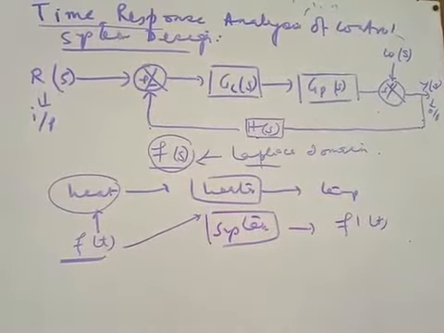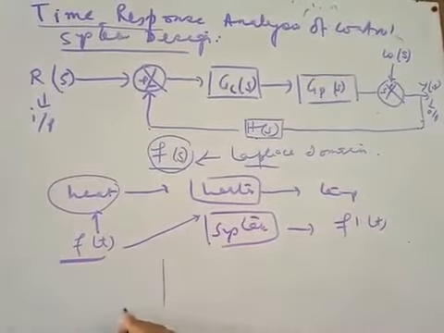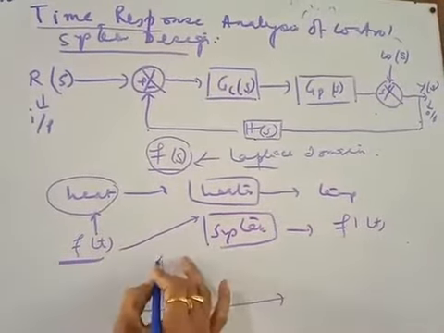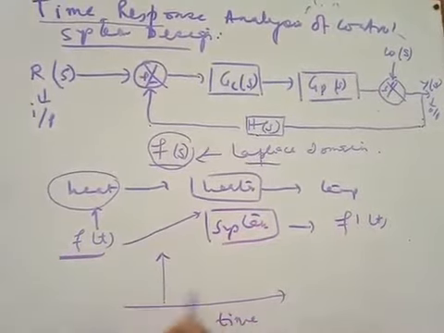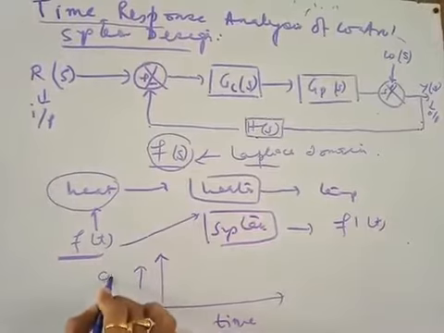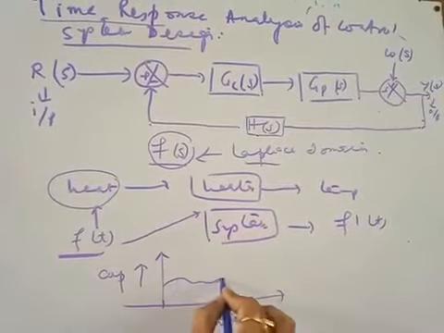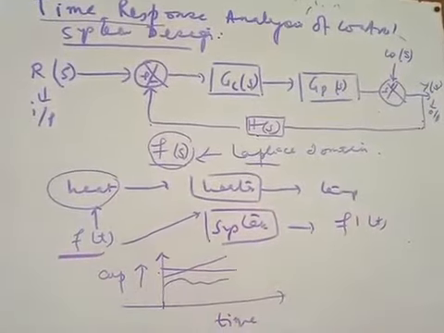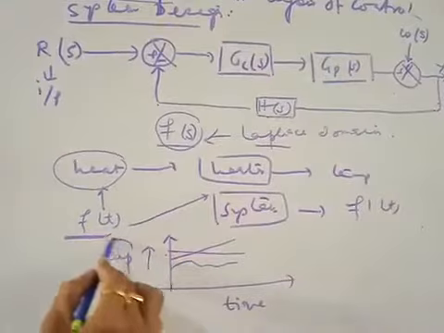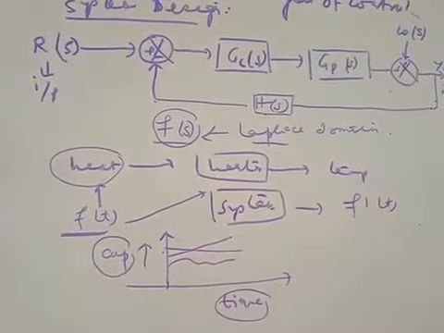That means the systems available in nature are continuous functions of time, and the input and output vary with time. It means the amplitude varies with time, maybe like this, maybe like this, whatever the shape, but the amplitude normally varies with time, for both input and output.